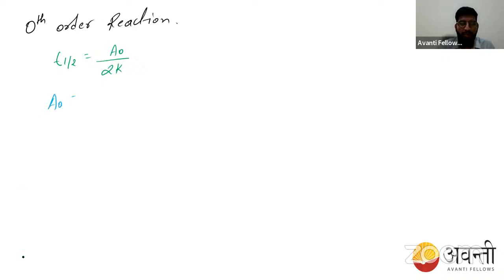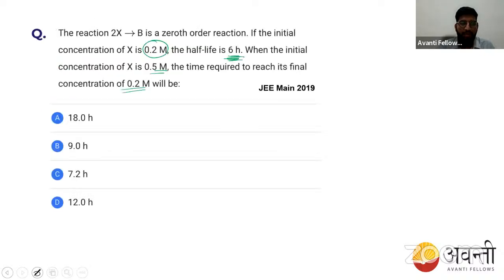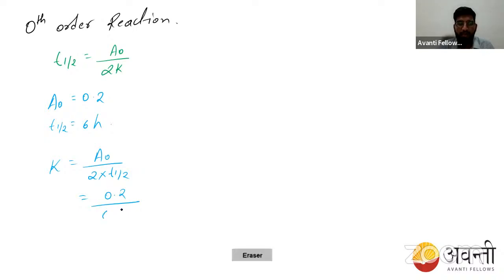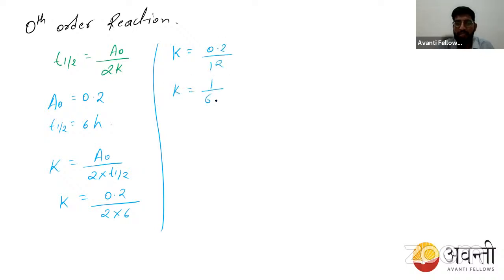So A naught is equal to 0.2, and the T half value is 6 hours. So I can find out the K value. K is equal to A naught divided by 2 into T half. So 0.2 divided by 2 into 6. K is equal to 0.2 upon 12. So K is equal to 1 by 60. This is the value of K.